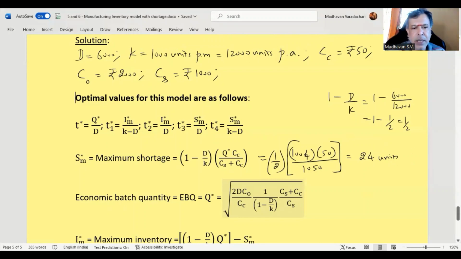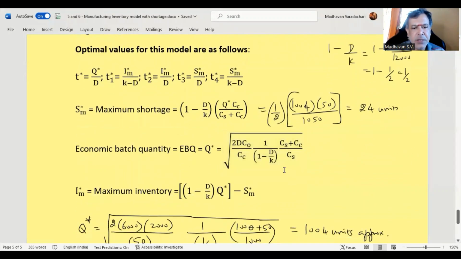So we got EBQ, we got maximum shortage. Now let us calculate this maximum inventory, which will be EBQ, that is 1,004 minus 24.